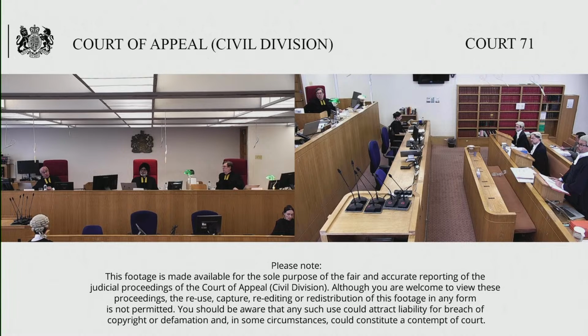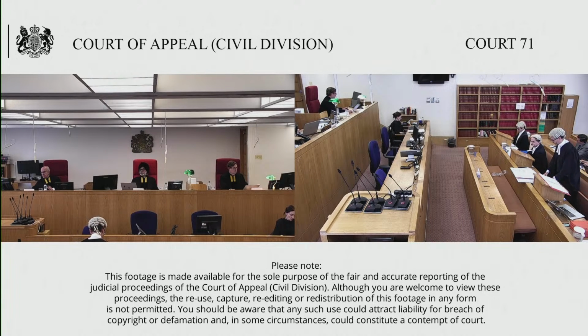This is a submission that you're advancing through Article 6, isn't it? On the criminal limb. Yes. Which particular part of the criminal limb are you relying on? Is it 6.3c? The right to legal representation. The difference being this. Just help me, I'm looking precisely at Article 6.